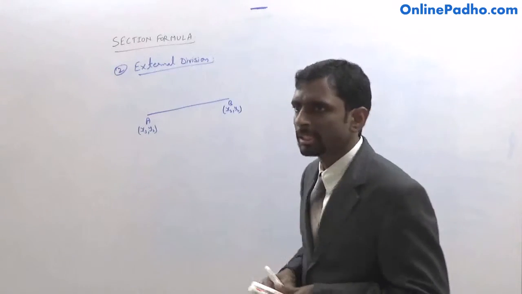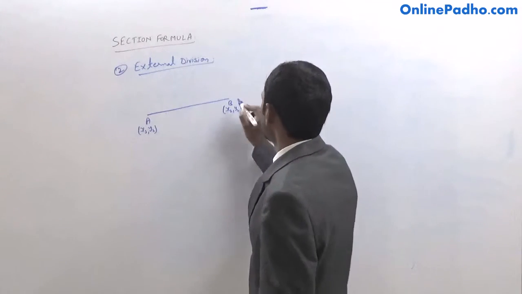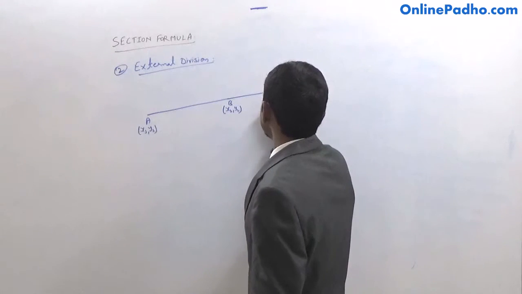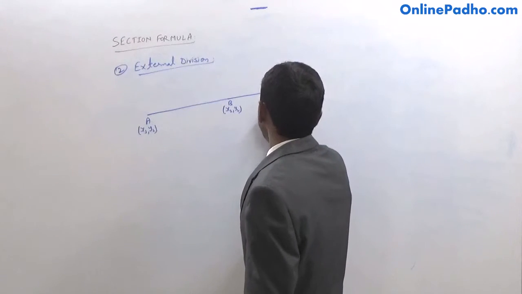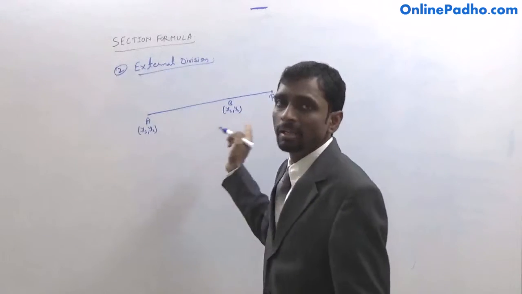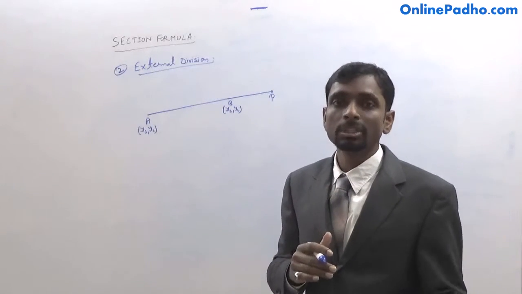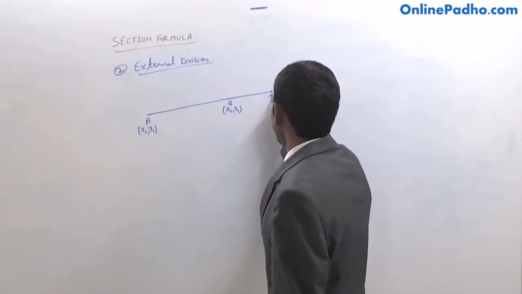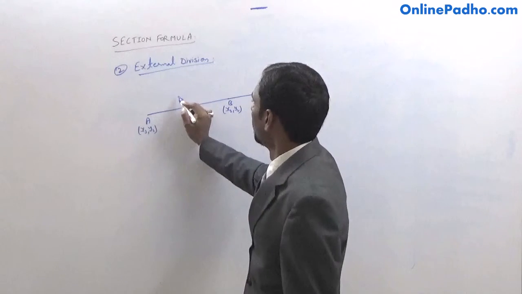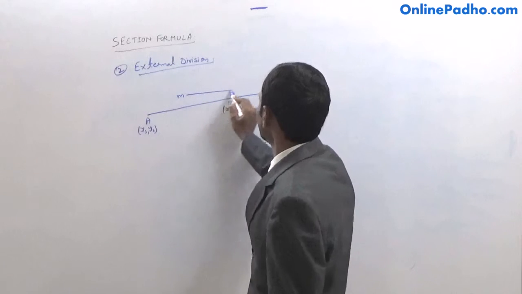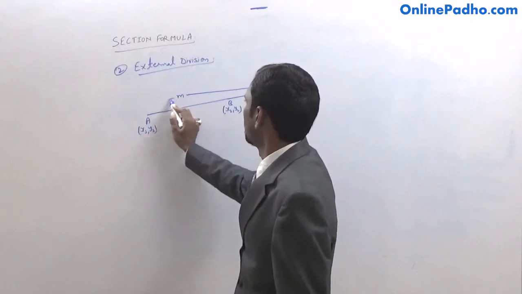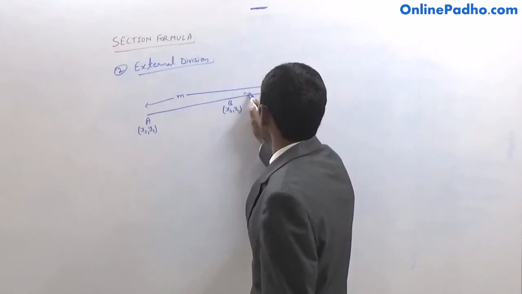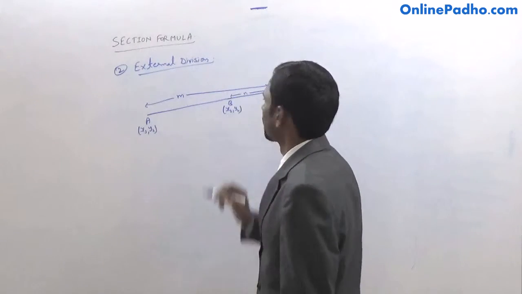External division means point P is just outside this line, which divides it into some ratio externally. So if point P is outside AB and divides the line segment in some ratio, we can say AP is to PB as m is to n.